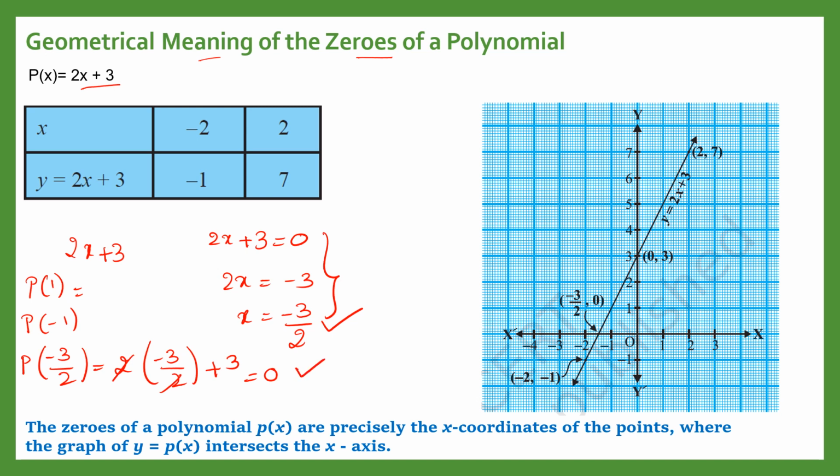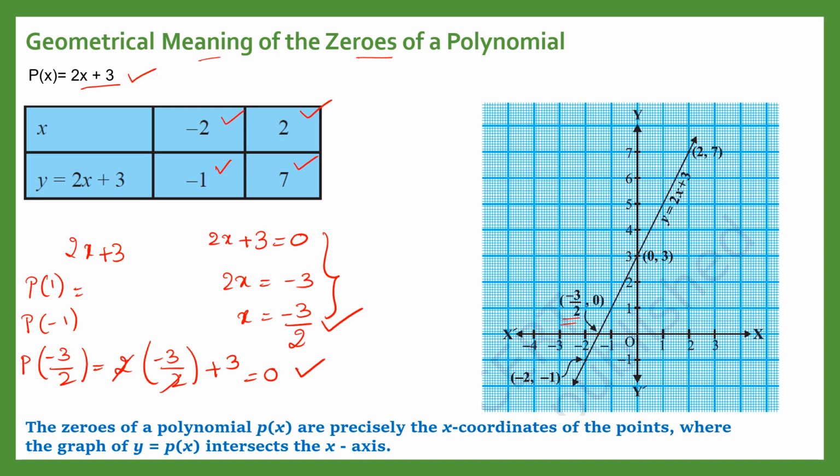This we know. Now, if you plot a graph for this polynomial 2x plus 3, let x be minus 2 and plus 2. You got values y is equal to minus 1 and 7. So when you plotted the graph, this is the graph. If you observe, the graph intersected the x-axis at minus 3 by 2 comma 0.